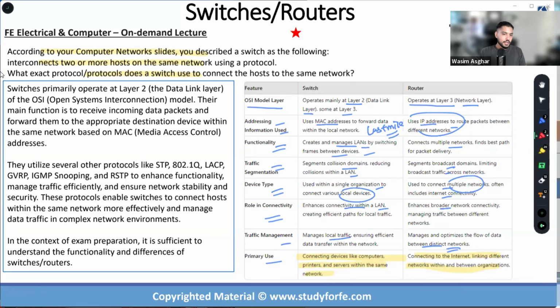I don't think that memorizing protocols related to switches is important. But understanding the difference between a switch and a router, the different functionalities, where they operate, this level of understanding, if you get tested on it, should be fair game.